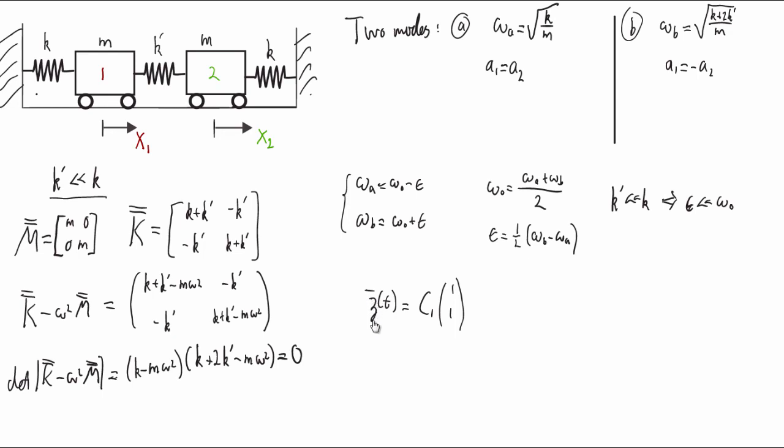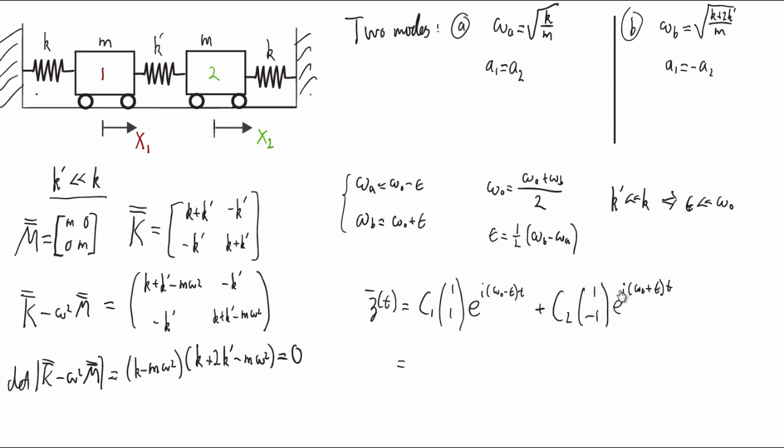So we have 1, 1 there for the amplitudes, times e to the i omega A, but omega A we decided we're going to write as omega naught minus epsilon, times t. And then we have the same thing for the other mode, which is now out of phase. And that becomes then e to the i omega naught plus epsilon times t.